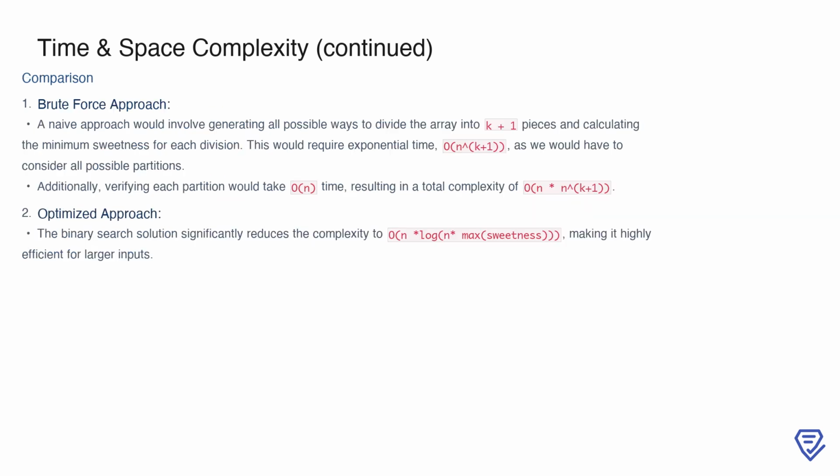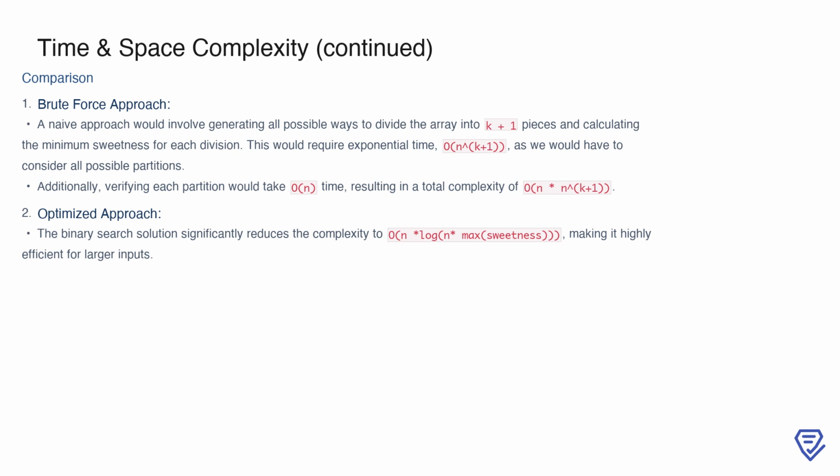To understand the efficiency of this approach, let's compare it to a brute force solution. A naive method would involve generating all possible ways to divide the array into k plus 1 pieces and then calculating the minimum sweetness for each division. This approach would be computationally expensive, as the number of possible partitions grows exponentially with the size of the array.